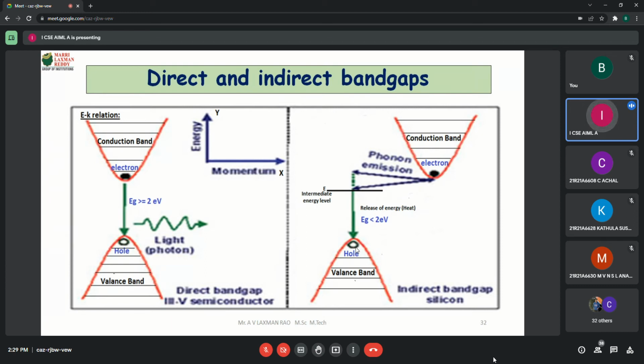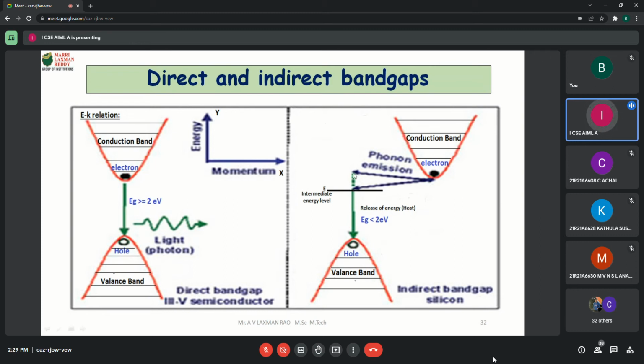Due to the mismatch, this free electron cannot directly occupy the hole position unless its momentum value is reduced. It does so by making an intermediate transition to another energy level, and then slowly its momentum starts reducing.